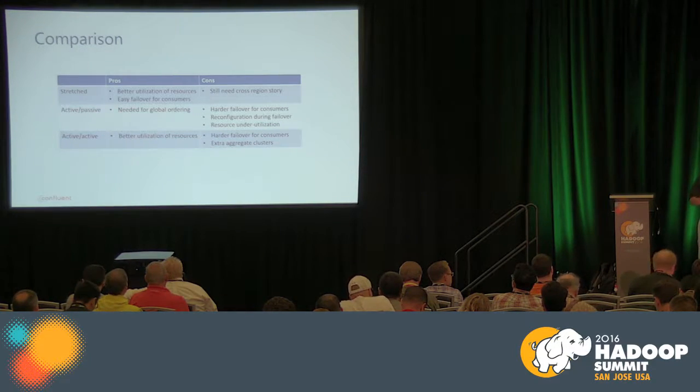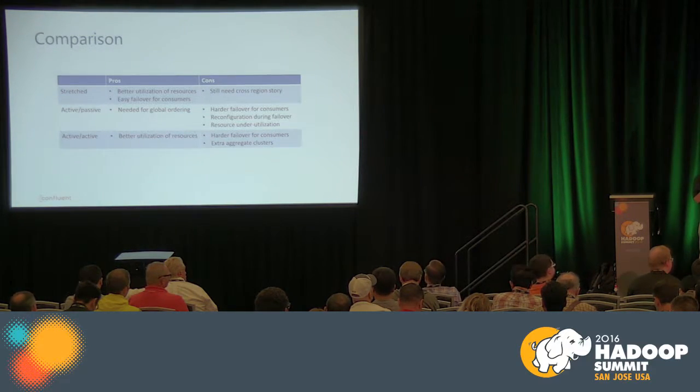But you have other problems dealing with the reconfiguration, dealing with the consumer state, and you also have to worry that the resources are underutilized. So active-active provides a little better than active-passive, but one of the downsides is you do need to set up this extra cluster for the aggregation.